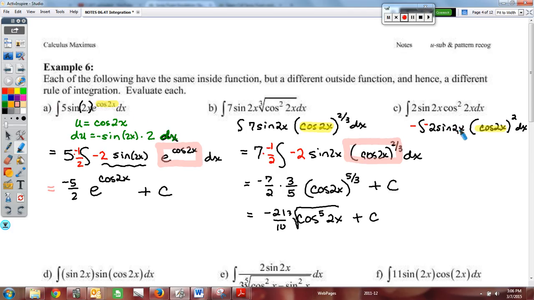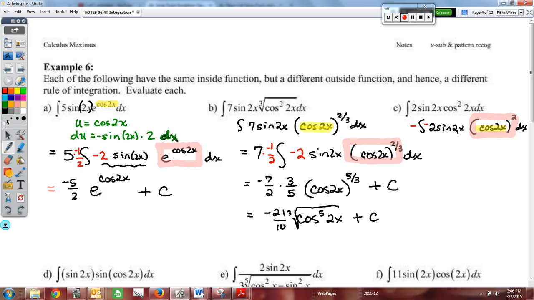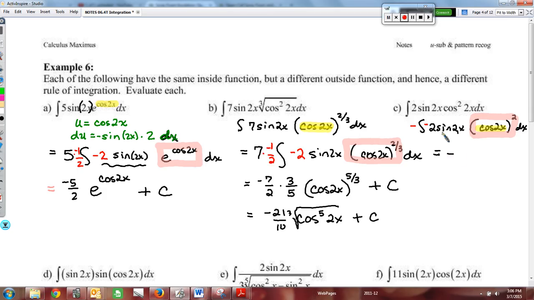I'm ignoring this stuff here because this is my box that I'm packing everything back up into. And so I'm going to bring your negative down, then take the antiderivative of u squared. The antiderivative of u squared would be u cubed, and then bring in your constant from your power rule. And then don't forget your plus c.